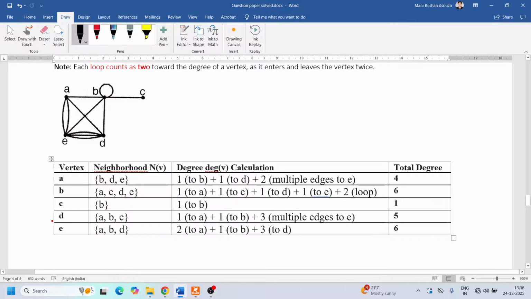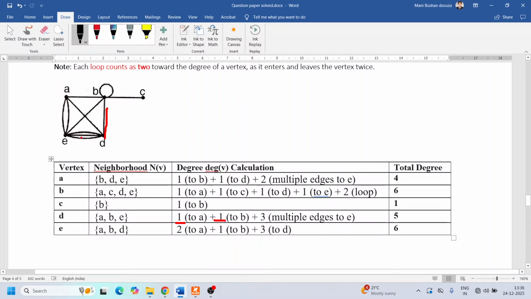Let us look at D here. So D, how many are there? D is connected to A, D is connected to B, D is connected to E. So this is A, B, E. What about the degree? For D to A, degree is 1. D to B, degree is 1.